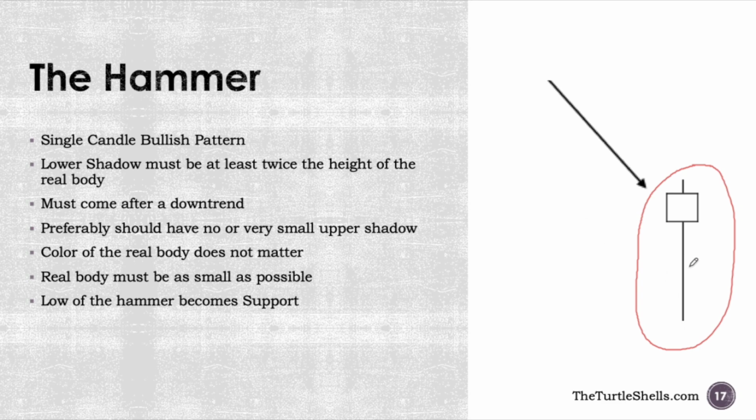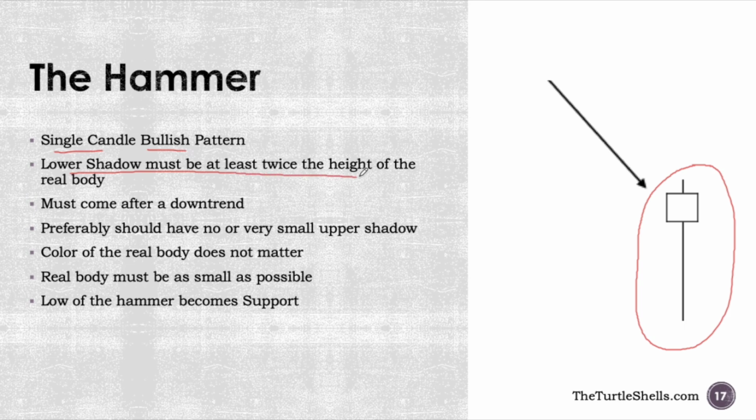So now let's analyze this candlestick pattern, and why it is important for us during our trading. It's a single candle bullish pattern, which means that after I see this pattern, I am likely to take a long position, as a professional trader.